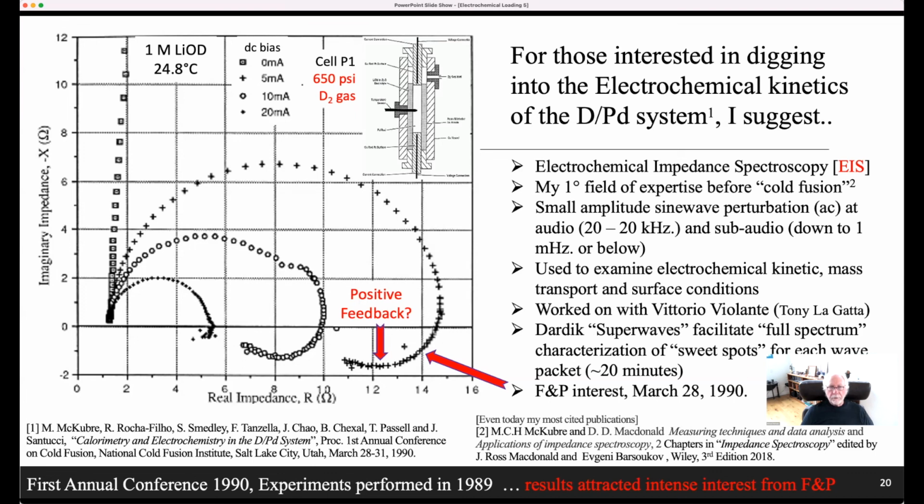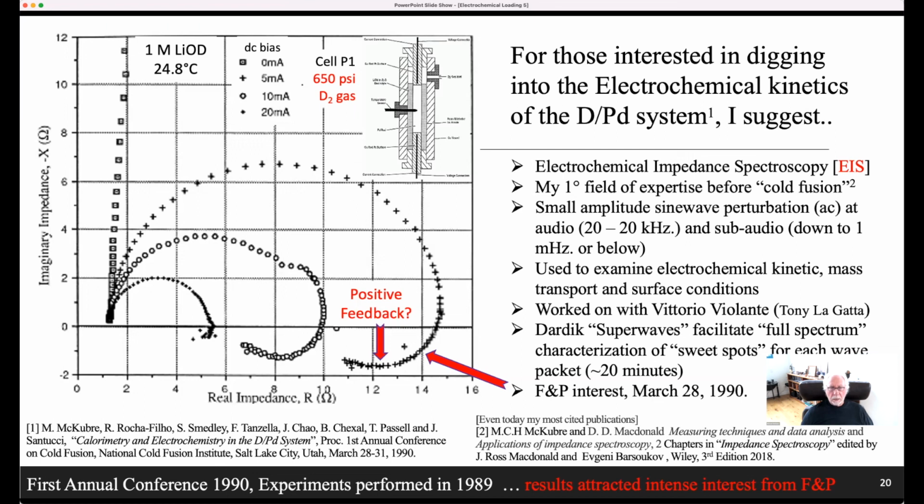This graph, or set of graphs on the left, intrigued Martin Fleischmann. The bump at the bottom shows decreasing resistance with decreasing frequency. The minimum frequency here was, I think, 1 millihertz, but this is a sign of positive feedback, and Martin was very interested in positive feedback.